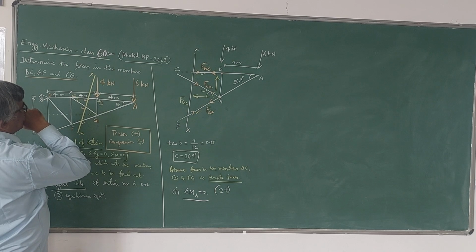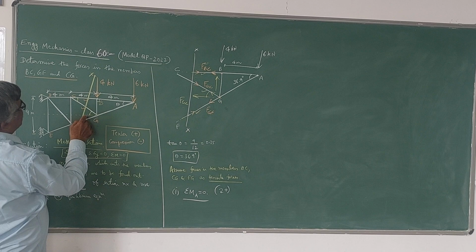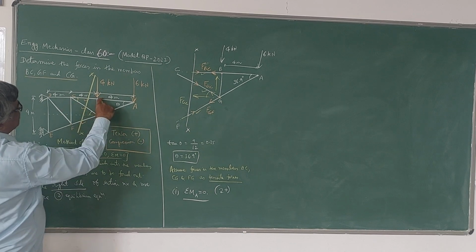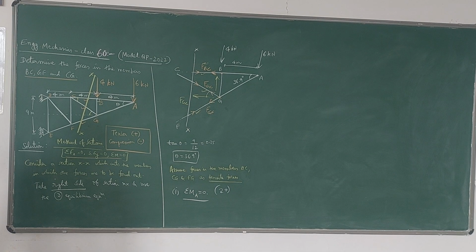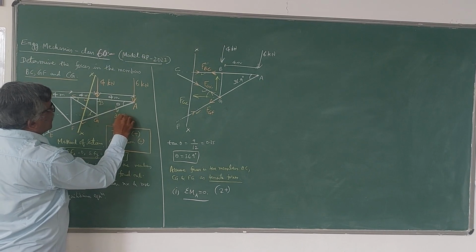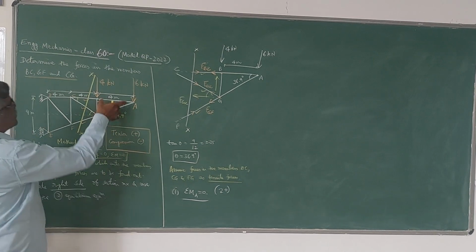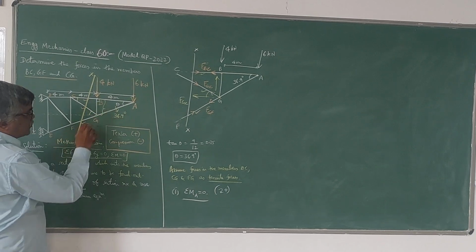We'll do one thing. So I need this angle. So this angle can be found out by taking this BG divided by BC. So BG value, of course, you can find out because this theta, we know that it is 36.9 degrees. So this is 4 meters. Therefore, this BG you can calculate. So we should be very careful here.